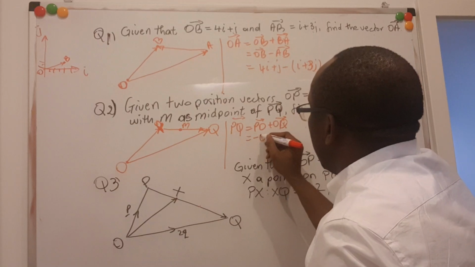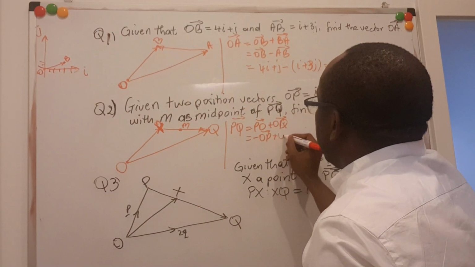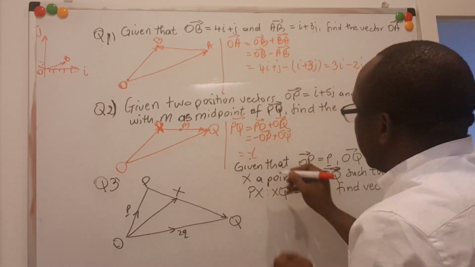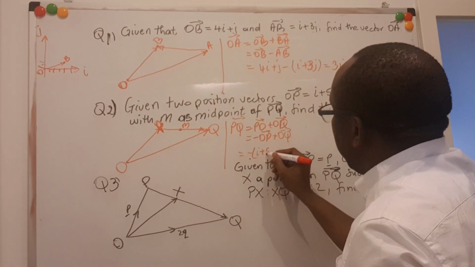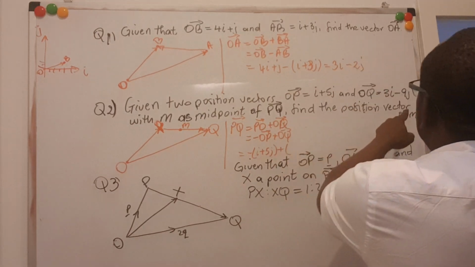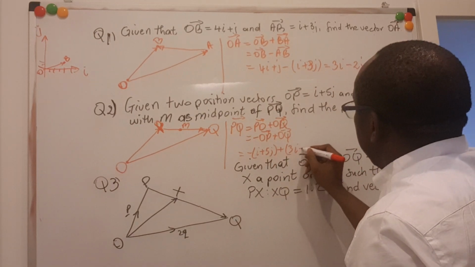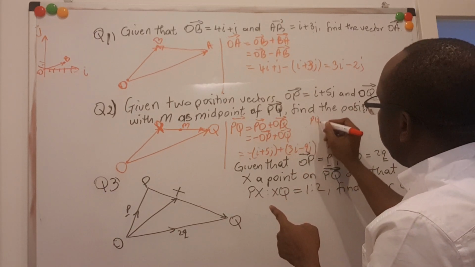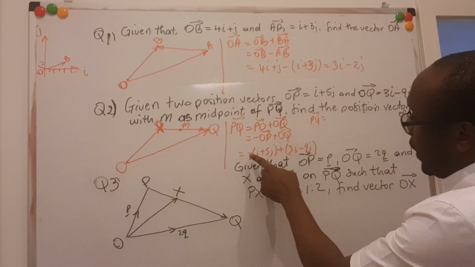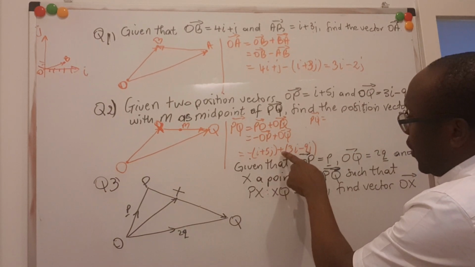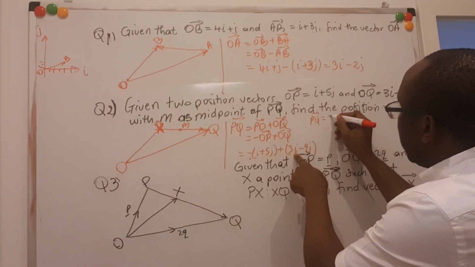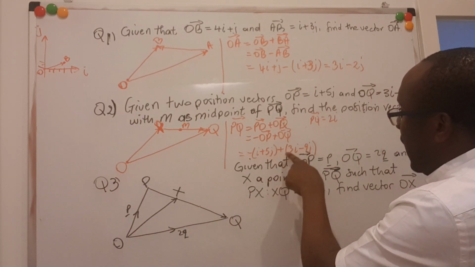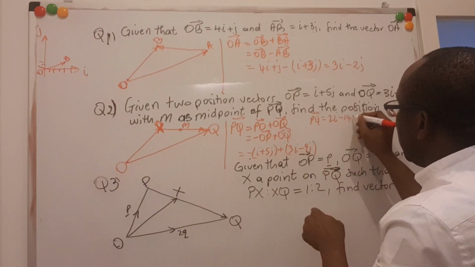So this is minus OP plus OQ, which is minus i plus 5j plus 3i minus 9j. Simplifying, PQ is minus i plus 3i, which is 2i, and minus 5j minus 9j, which is minus 14j.